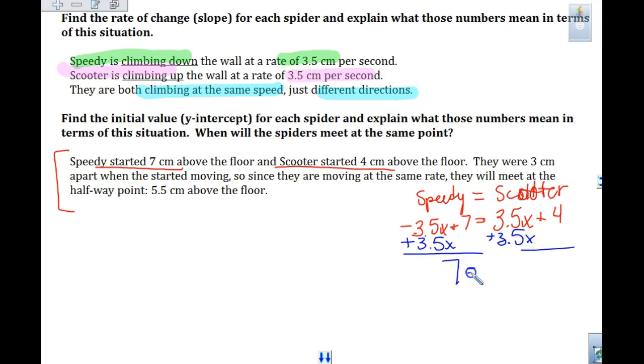We are left with 7 equals 3.5 and 3.5 gives us 7x plus 4. Right? Then we are going to be subtracting 4 from both sides. We get 3 is equal to 7x. And when we do that division, we are going to be looking at where that is, that halfway point.